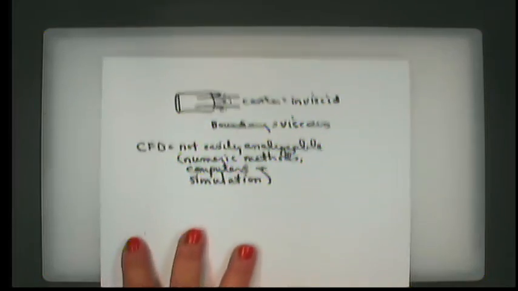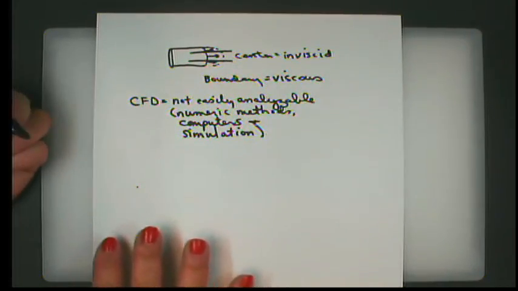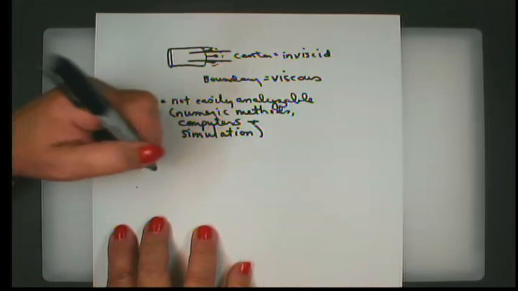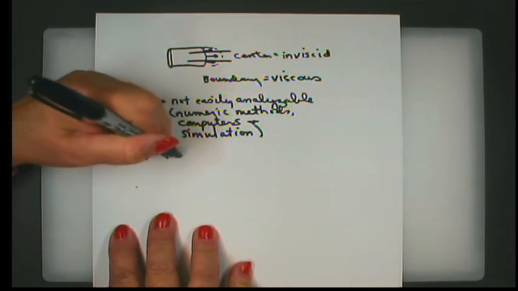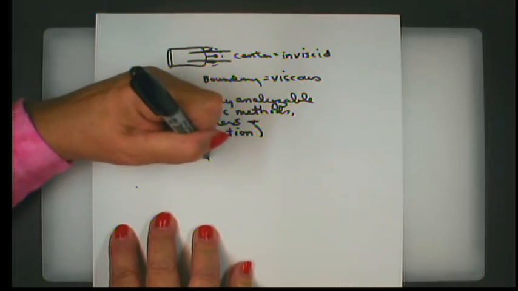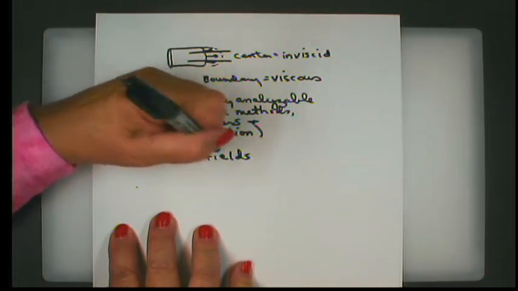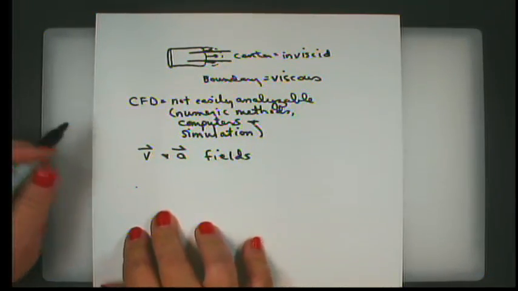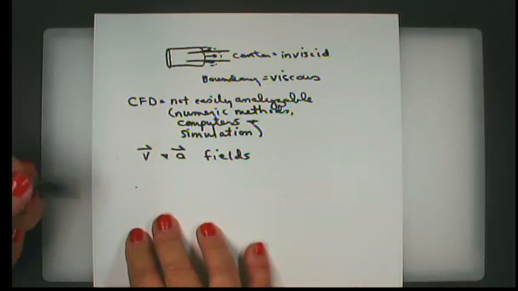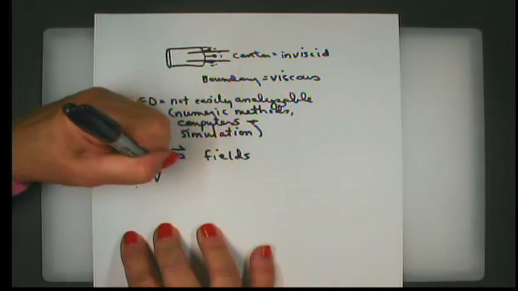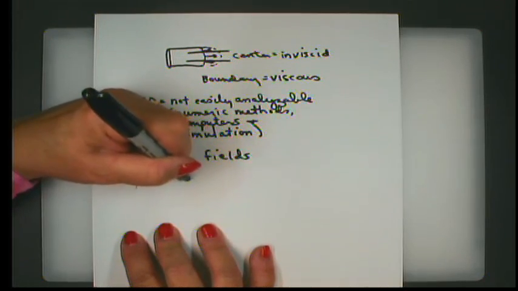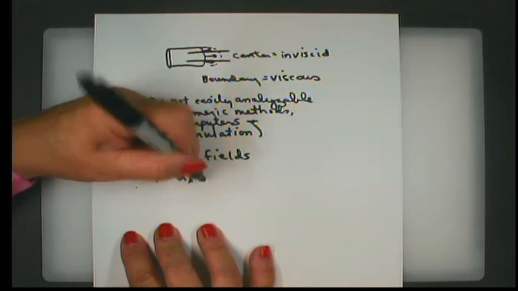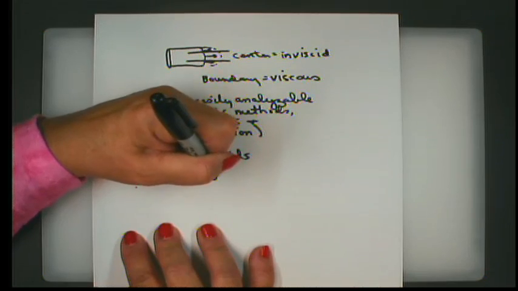Now, in order to study these elements, we need to talk about the velocity and acceleration fields. We've already discussed this, but we're just going to revisit it. One of the things we're going to talk about is the fact that the vector v for a fluid can be broken down into Cartesian coordinates.